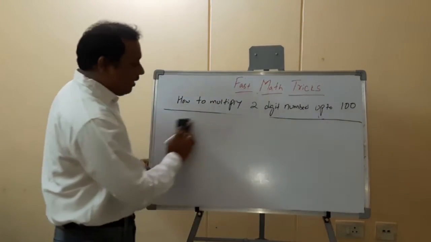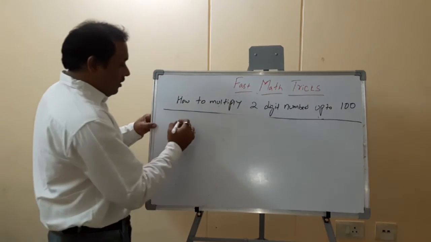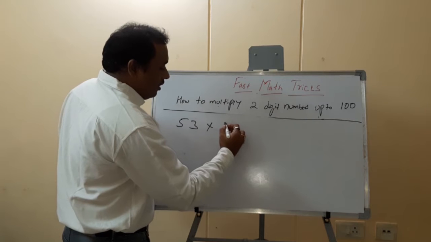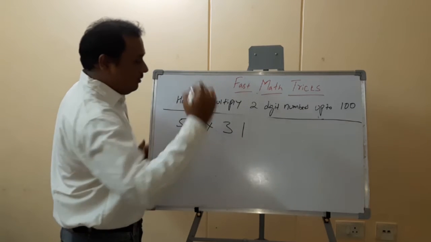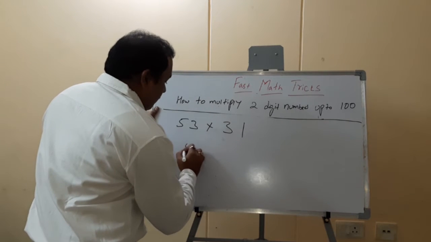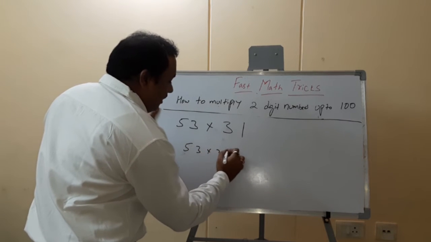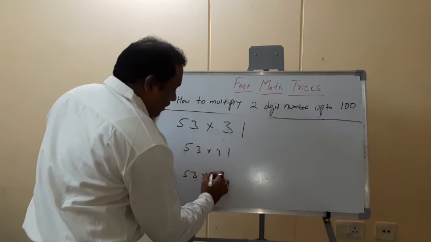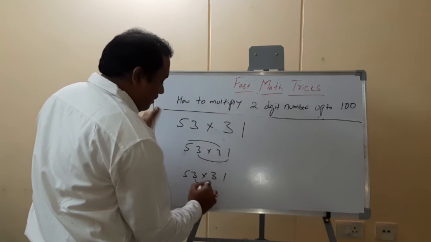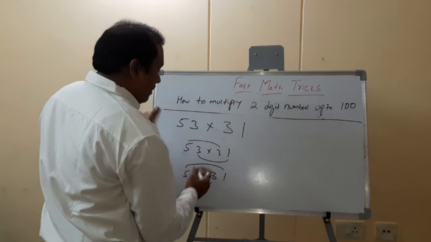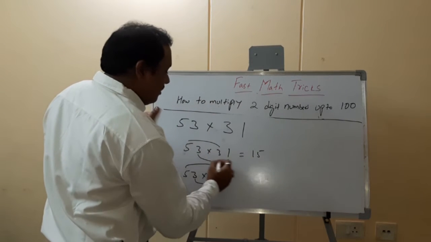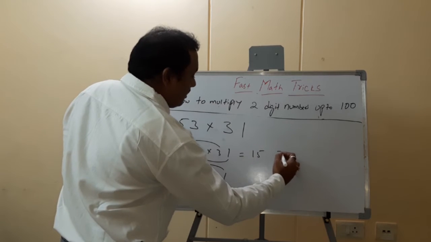Let us try to solve another problem. 53 into 31. Again, what we have to do here? Write 53 into 31 again and cross. So 5 3s are 15, 3 1s are 3.